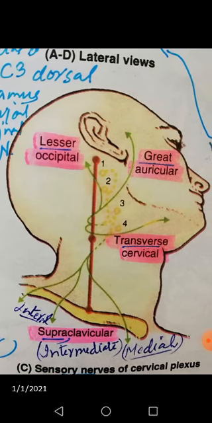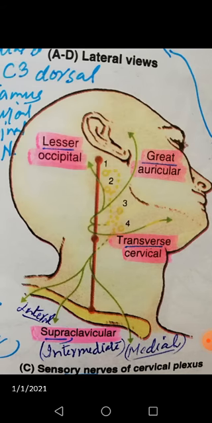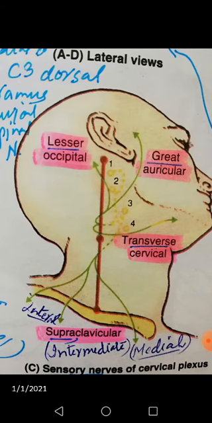Then you see the third nerve, which is the transverse cervical nerve, root value again C2 and C3. It divides into superior and inferior branches, and it supplies the skin covering the anterior cervical region. Now focus on the supraclavicular nerve, root value C3 and C4 this time.